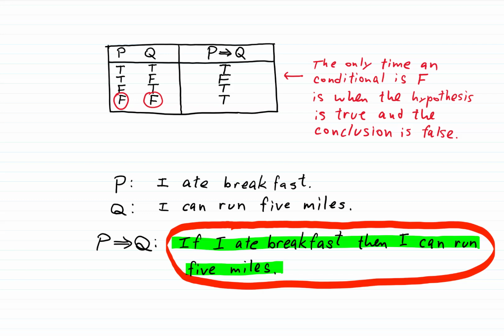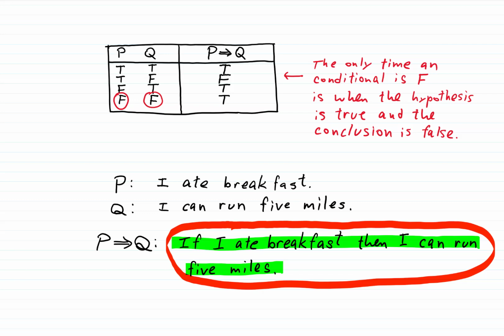No, for the exact same reason as the line right above it. The sentence highlighted in green only tells you a claim of what would happen if I did eat breakfast. So if I don't eat breakfast, then that green sentence has no bearing at all.